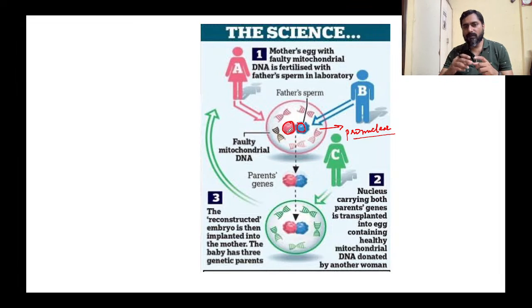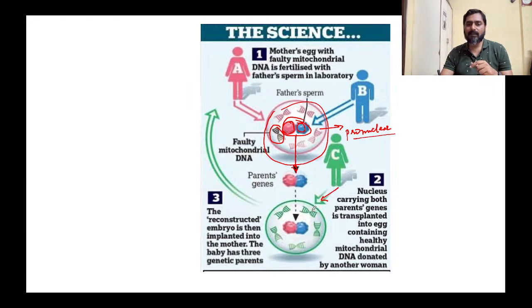What we are doing here is allowing fertilization first, and there you can see that the egg cell has these defects, but we are not interested in the cytoplasm here, we are interested in this nucleus. So we will extract this pronucleus, and from a donor mother we take a healthy egg cell.